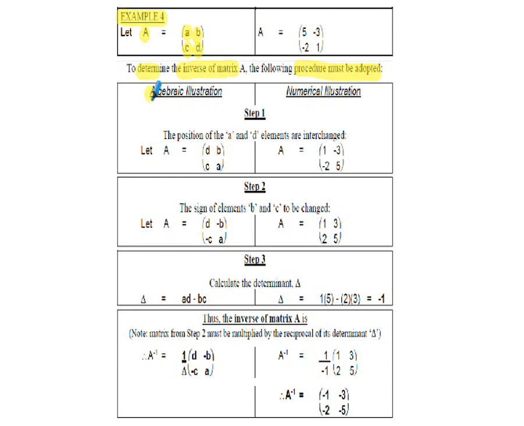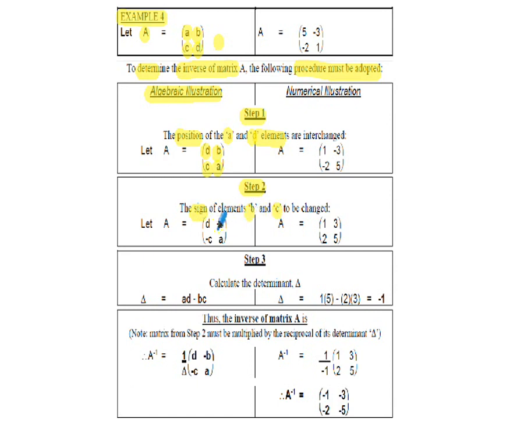Looking at the algebraic illustration of the inverse, in step 1 we're going to change the position of elements A and D in the matrix. Here you can see that the A and D elements have been interchanged from that shown in the original matrix A. In step 2 we're going to change the sign of elements B and C only.